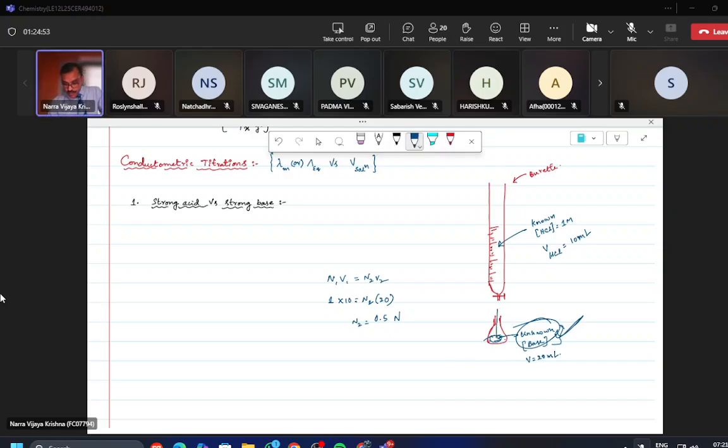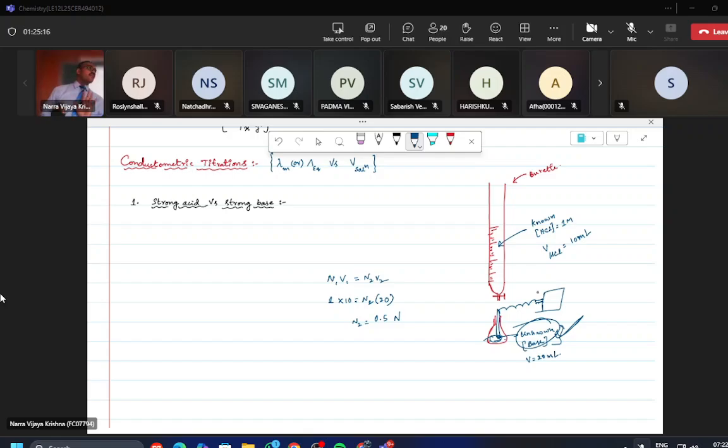I will keep that conductometer, that two metal pieces 1 centimeter apart, right? Which were positive terminal and negative terminal, connected to voltmeter by using some external source.